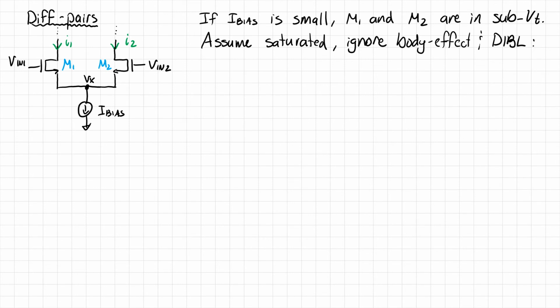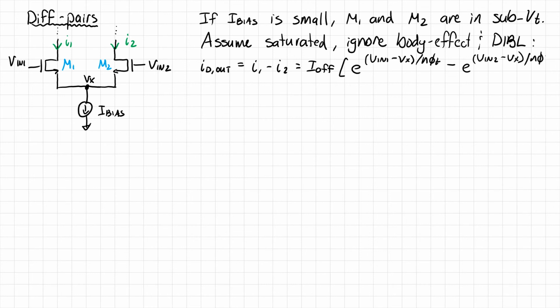Then what we can do is we can actually just directly write an expression for the differential output current. It is ID,out, and this is again large signal, just I1 minus I2. Now these are both in subthreshold, so it's equal to I0 times e to the (V in 1 minus Vx) over n phi t, minus e to the (V in 2 minus Vx) over n phi t.